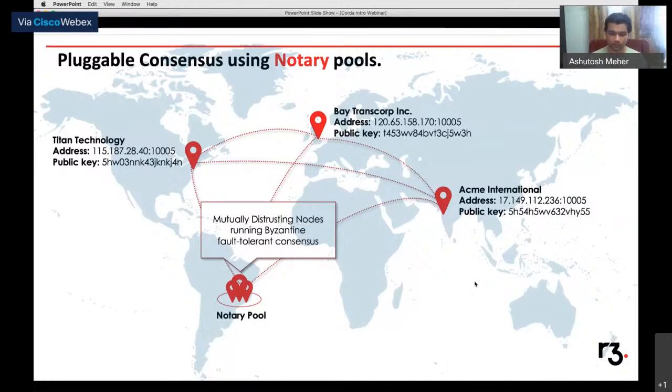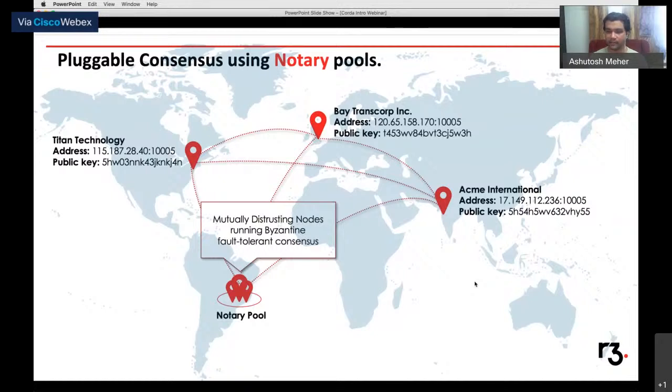When a transaction comes to the notary, it will make a note that this particular asset has already been sold, and it will not allow any double spending in the network. So every transaction has to go to the notary, and only when the notary gives a go ahead is that transaction considered valid or finalized. Only then is the transaction stored onto the ledger.